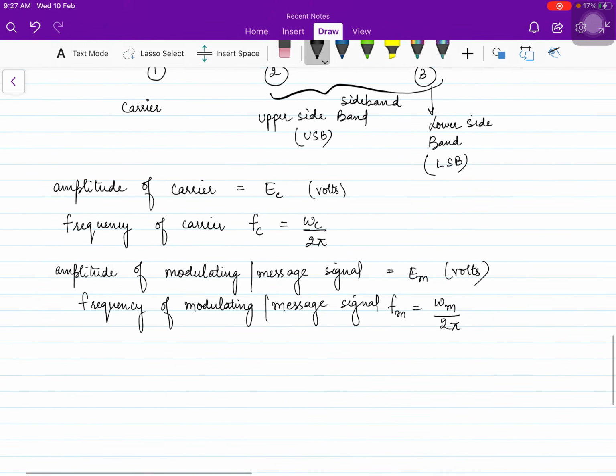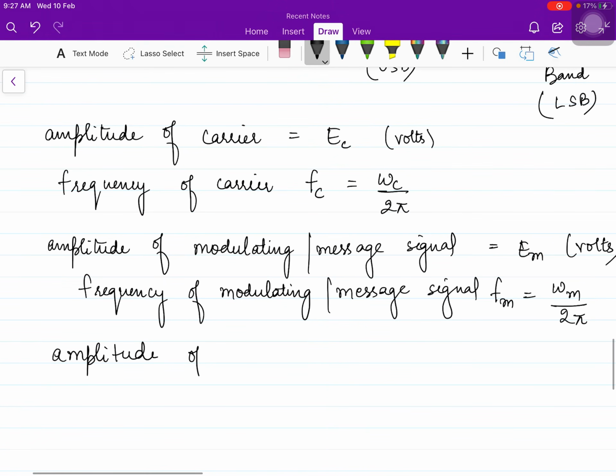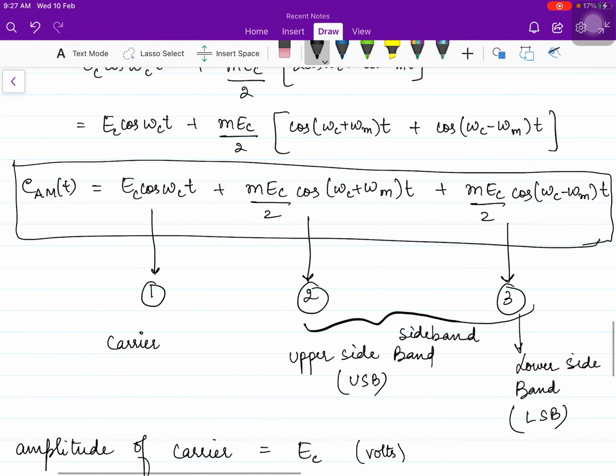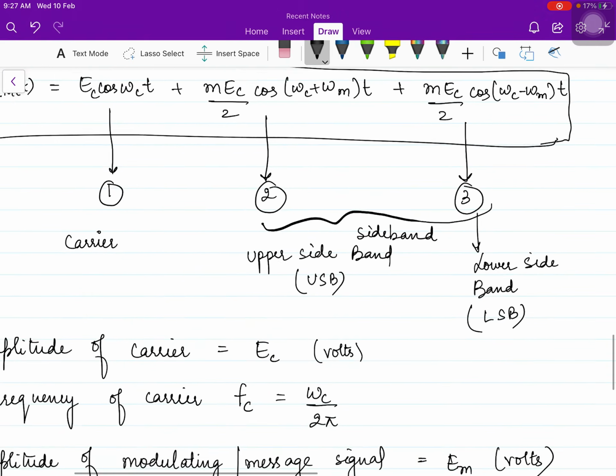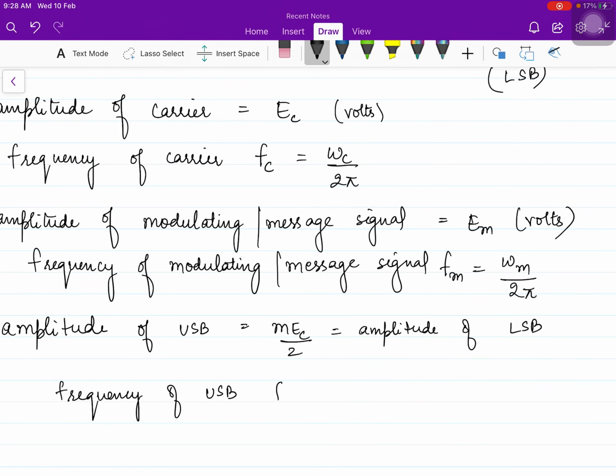Similarly, if I ask you what is the amplitude of the upper sideband, then you can clearly see from the expression of the amplitude modulated wave that the amplitude is mEc/2, which is also the amplitude of the lower sideband. If I ask you what is the frequency of the upper sideband, denoted by F of USB, you can simply say it is (ωc + ωm)/2π.